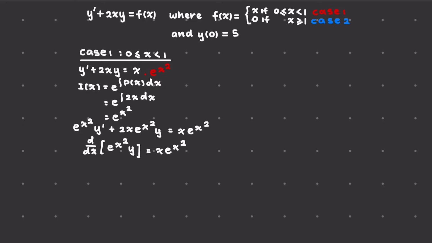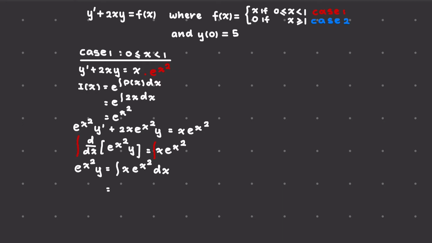If we want to remove the derivative on the left hand side, we're going to integrate both sides, and this will give us e to the x squared times y equals the integral of x e to the x squared dx. To integrate x times e to the x squared, we can just use substitution, or usually, like I showed you in the previous examples, I like to use the throwback method because it is more efficient.